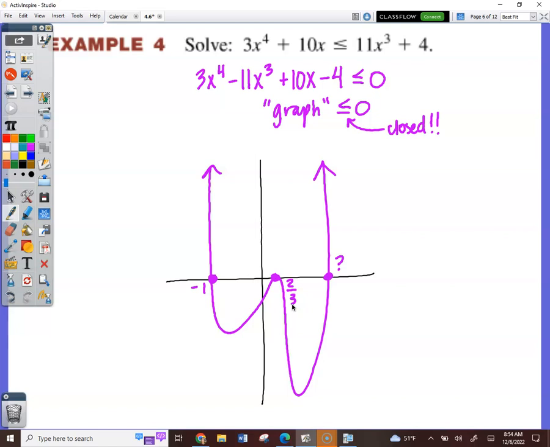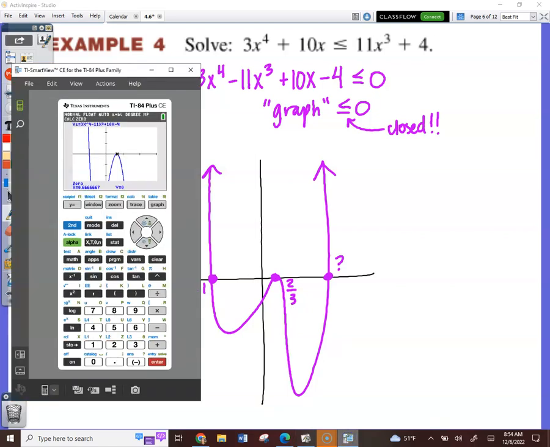Now I need to find that last one. And in this case, now I'm in a situation I can't even see the last one. You can fix that by hitting zoom 6 again, and it'll just go back to that original window. Now I can find that last one. So second calc, find the zero. Where's the cursor?